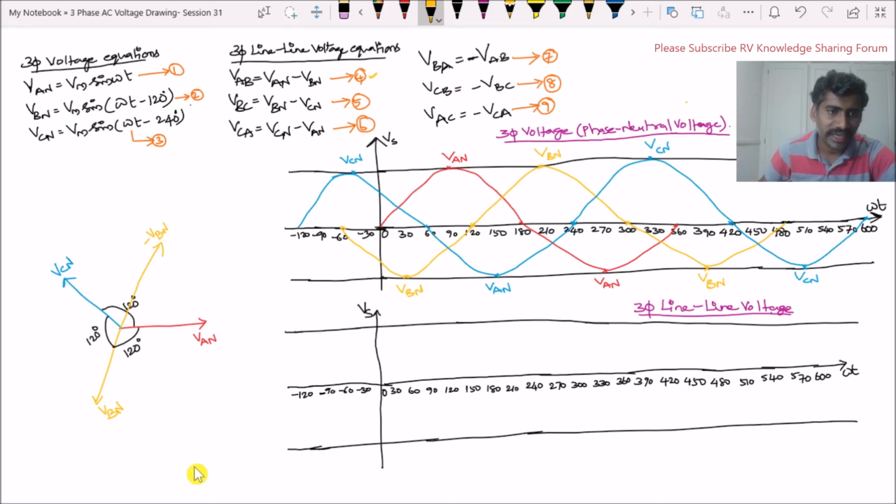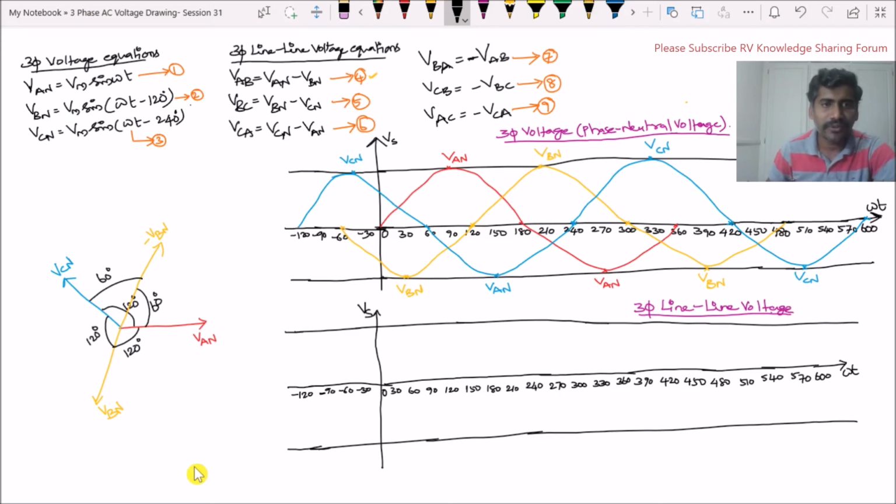If you look at this phasor diagram, this minus VBN exactly bisects the phasors VAN and VCN. The phase angle between VAN and VCN is 120 degrees. Therefore, the phase angle between VAN and minus VBN becomes 60 degrees, and the phase angle between minus VBN and VCN becomes another 60 degrees.